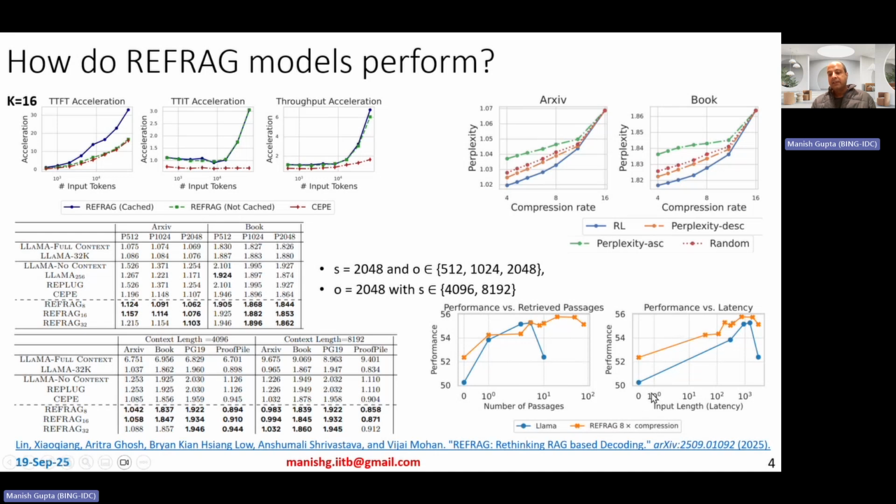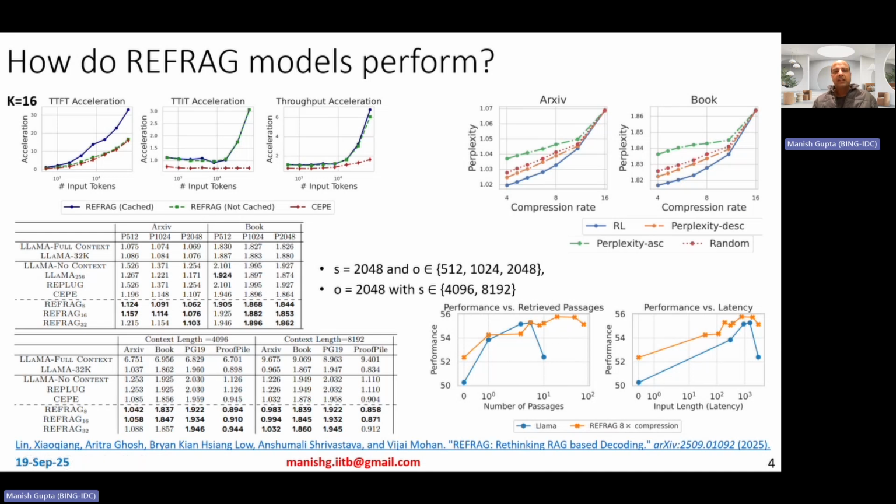So for example, if you look at the blue curve, to get a score of about 52, it takes about 10 units of time, versus this guy is going to take much smaller units of time, right? So that's basically the benefit. You take much lower latency, but you get similar performance for RAG in this particular case.